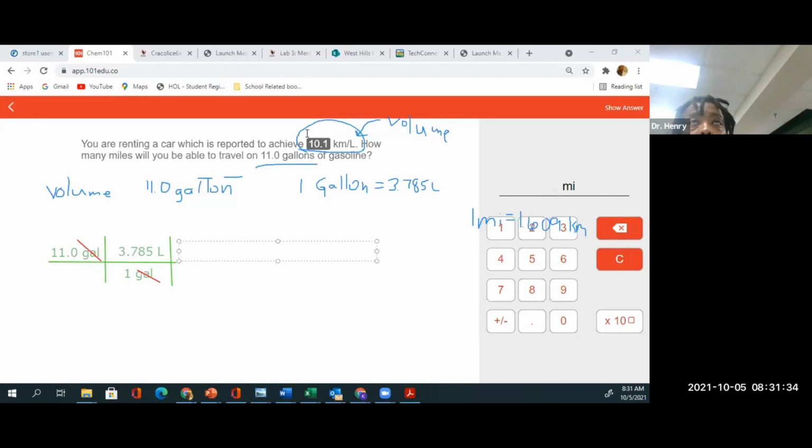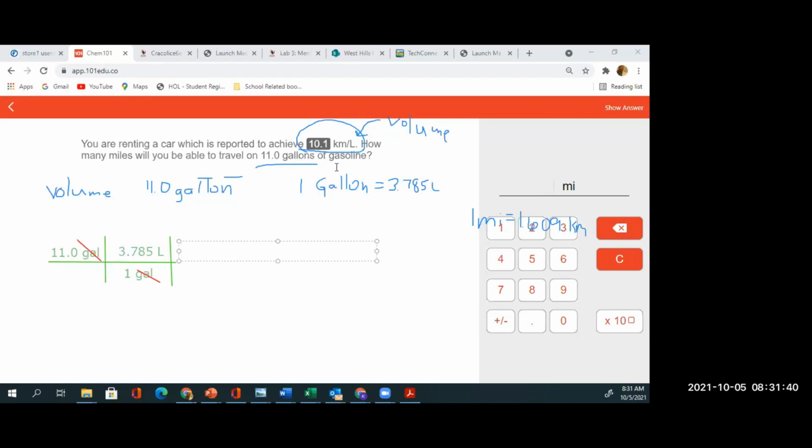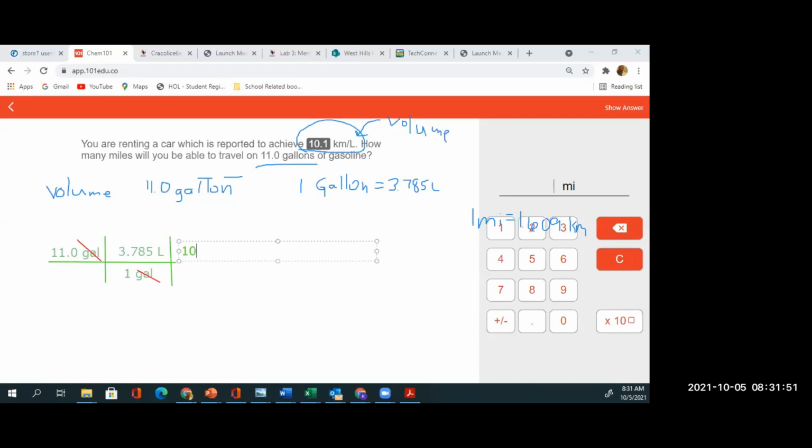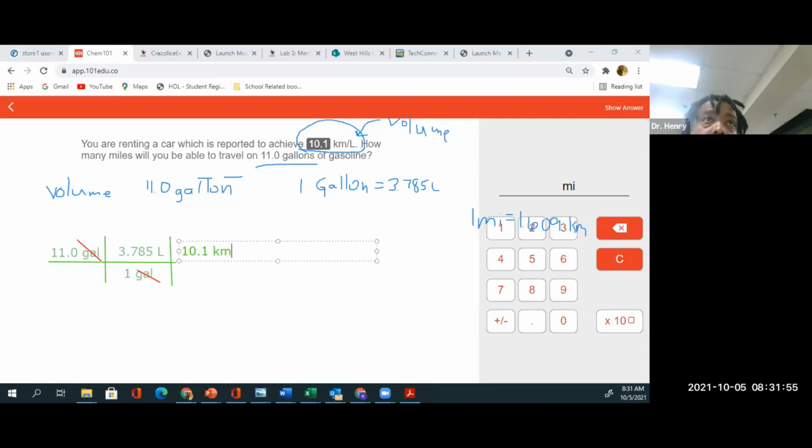So I can use this conversion up here, that 10.1 or whatever your value is. Kilometers go on top, and then the liters on the bottom. Okay, so if I heard you correctly, I'm going to put my 10.1 on top, and that's going to be kilometers. And then I'm going to put my liters on the bottom, so it's 1 liter at the bottom.